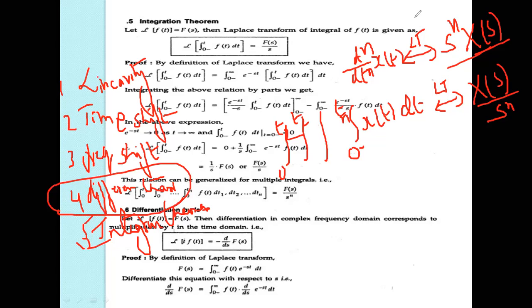Now you go for the 6th one, differentiation in s. We already discussed differentiation in time domain. Now it is differentiation in the s domain, nothing but the frequency domain. Let the Laplace transformation of f of t be F of s.